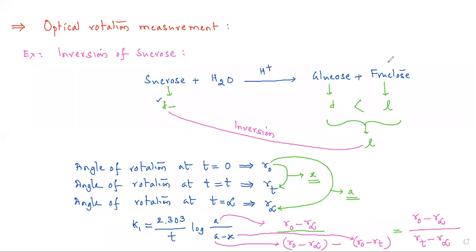Is that okay? Just like in the previous case, even here every time R0 has to be taken into consideration because that is what you have actually started with. This is very interesting.